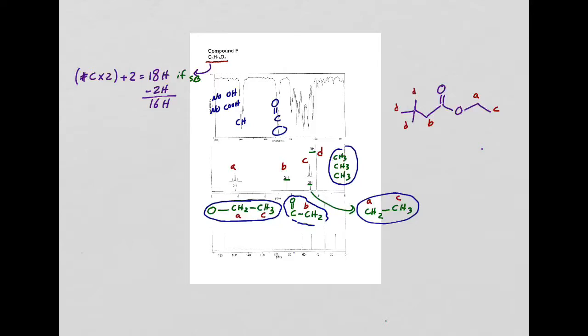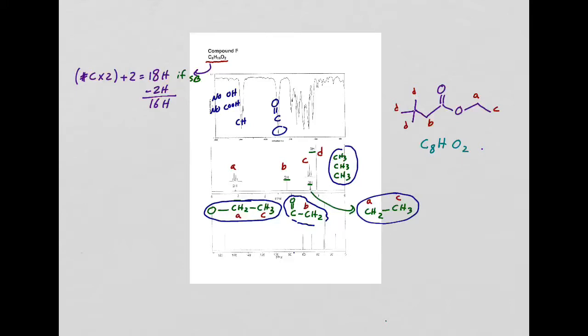Before we go over to see if this would fit our proton NMR, let's count the number of carbon. 1, 2, 3, 4, 5, 6, 7, 8. Yes, that matches up. Always count those carbon. Don't lose them. And I have 2 oxygen. That's great. Now, how many hydrogen do I have?